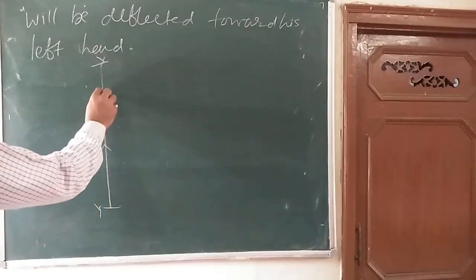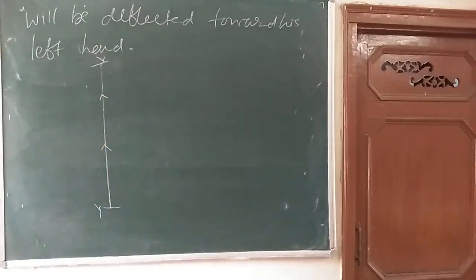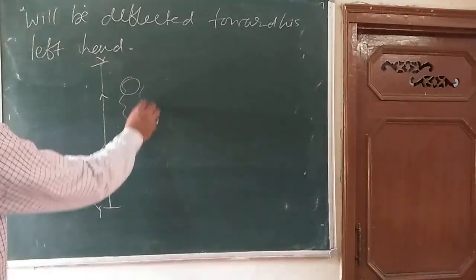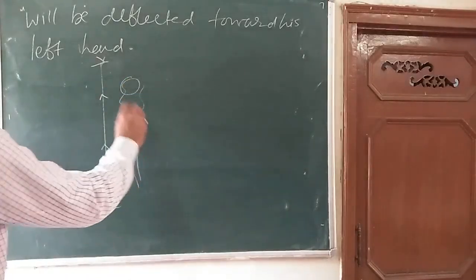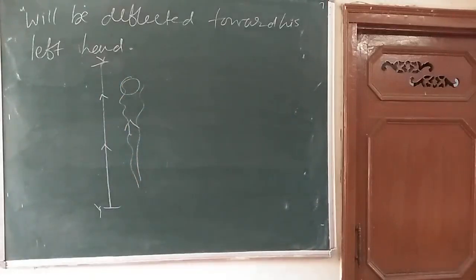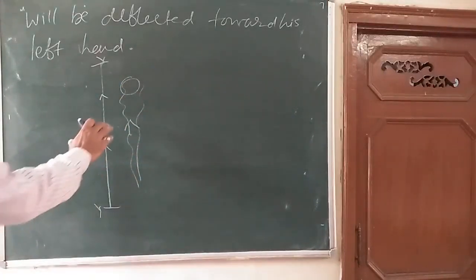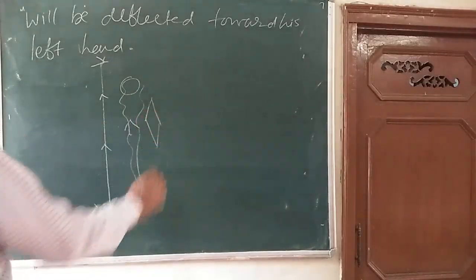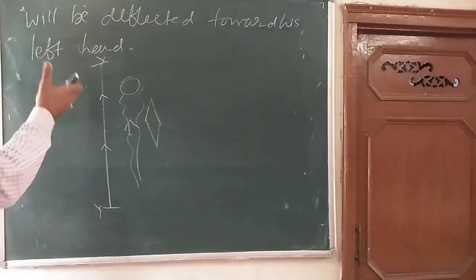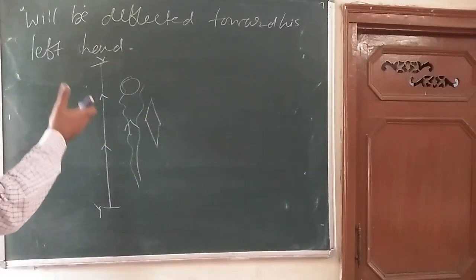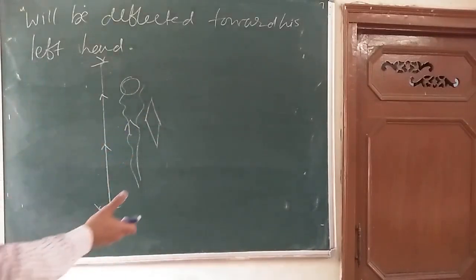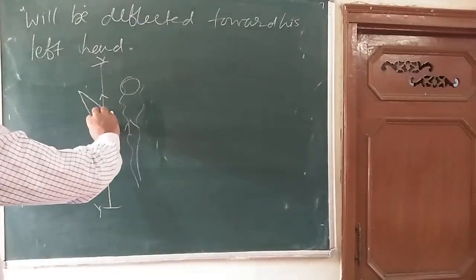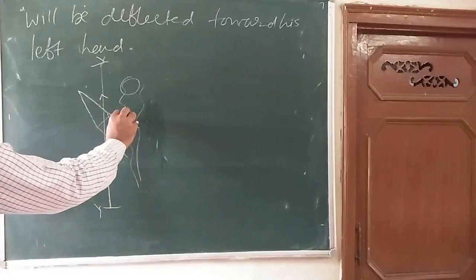The direction of the current is from Y to X. Suppose you are swimming in the direction of the current, and suppose the magnetic needle is here. As soon as the current passes, the magnetic needle gets deflected towards his left hand like this. Here it is the left hand.